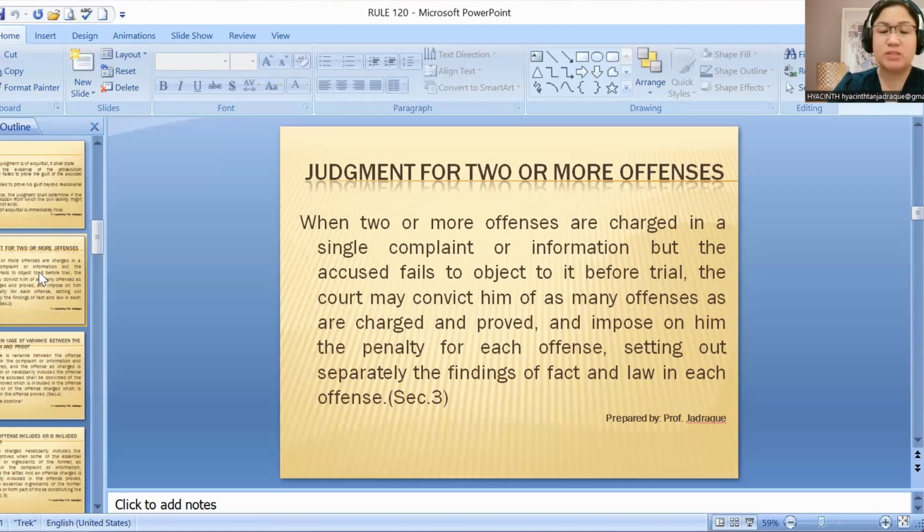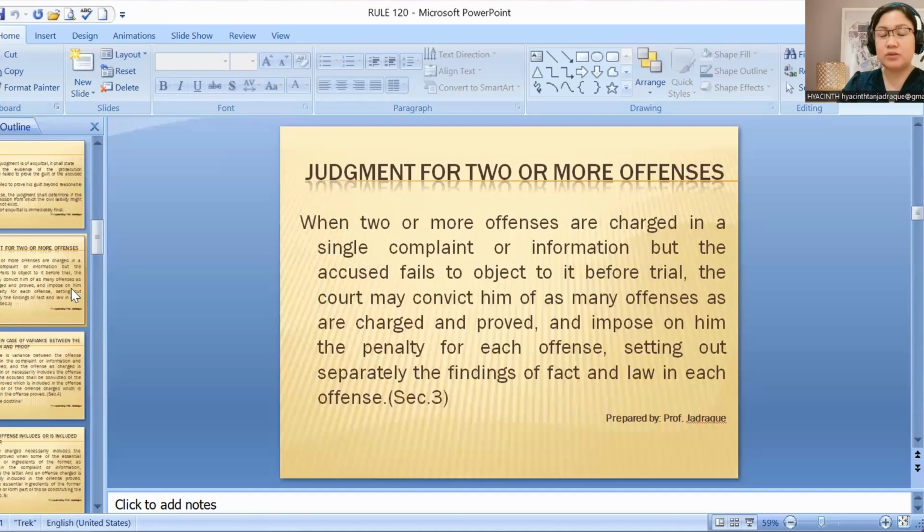In other words, the failure on the part of the accused to quash the information for being duplicitous can actually be considered as a waiver on his part when he entered his plea. And Section 3 allows the court to convict him of as many offenses charged in the information for as long as it is also proven during trial.